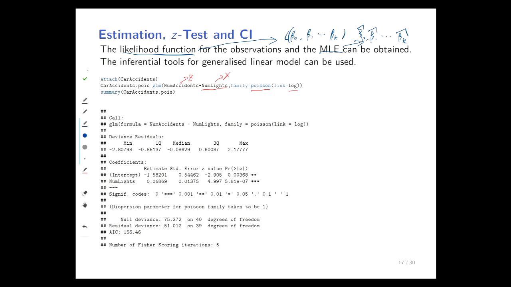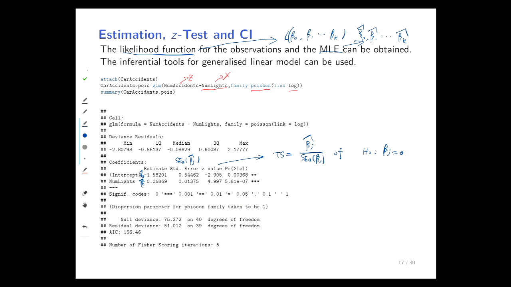And actually, this summary output is similar. You will have the maximum likelihood estimation here, and also the standard error, and also the Z value. The Z value is the test statistic, which is beta j hat divided by the standard error of beta j hat. This is the test statistic of the hypothesis beta j equals 0, which is our standard Z test. And the p-value is the corresponding p-value.